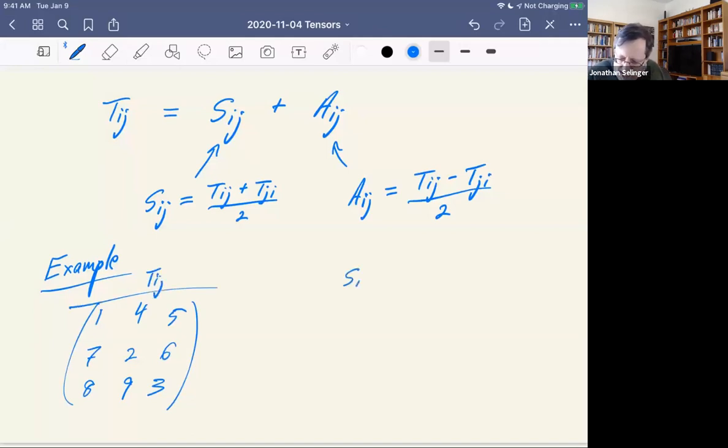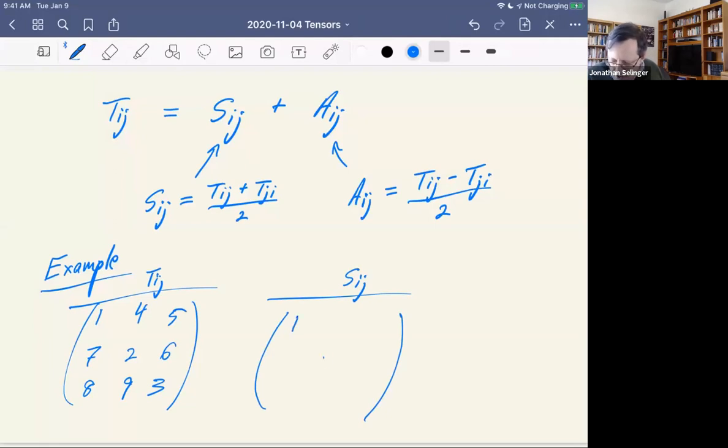Well, then Sij is going to be the average for each piece of what's there plus the transpose.